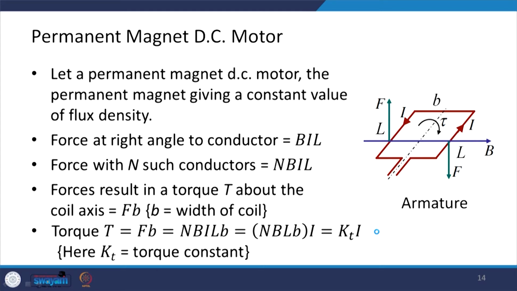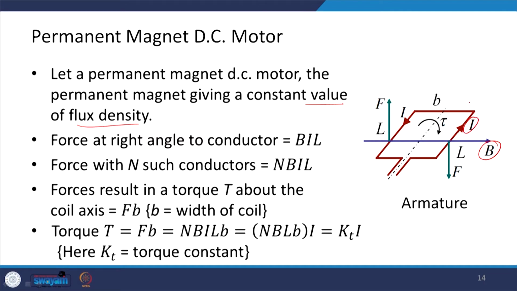Here the armature is placed in a field produced by the permanent magnet, giving a constant value of the flux density B.